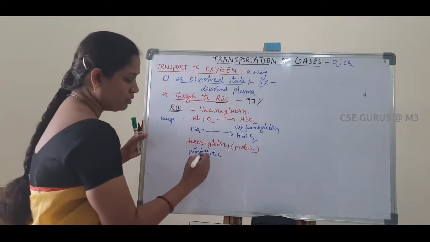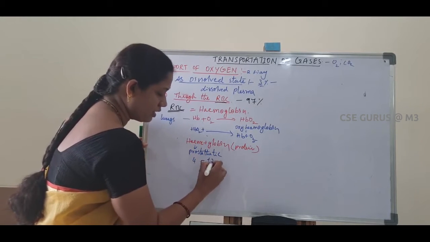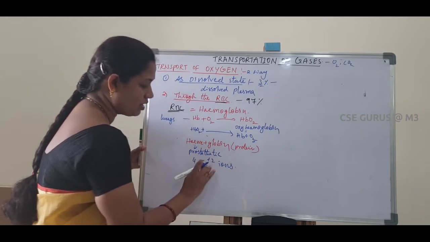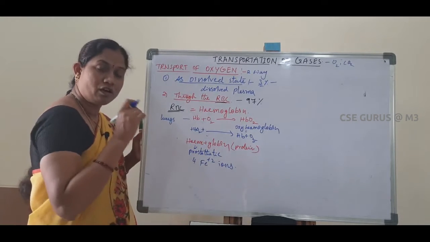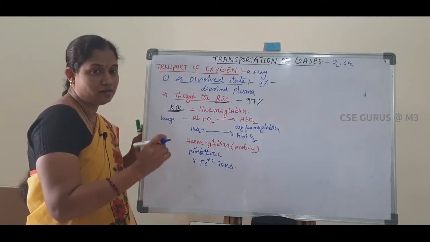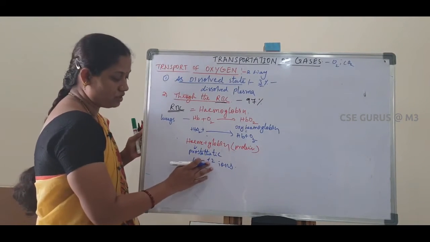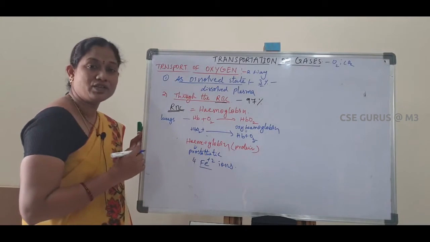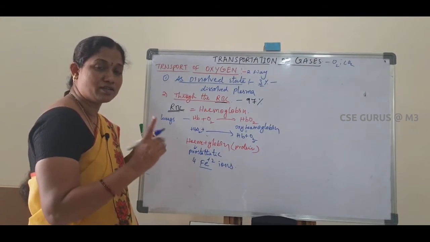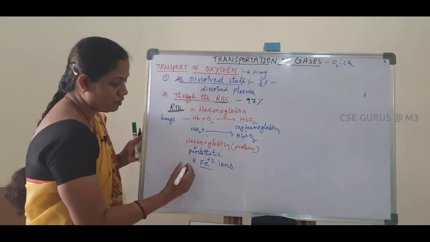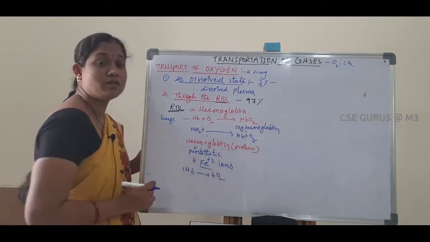In the heme, 4 ferrous ions, or iron ions, are present. 4 ferrous ions, Fe2+, are present. These ferrous ions can bind with oxygen. So one hemoglobin can bind with 4 oxygen molecules.